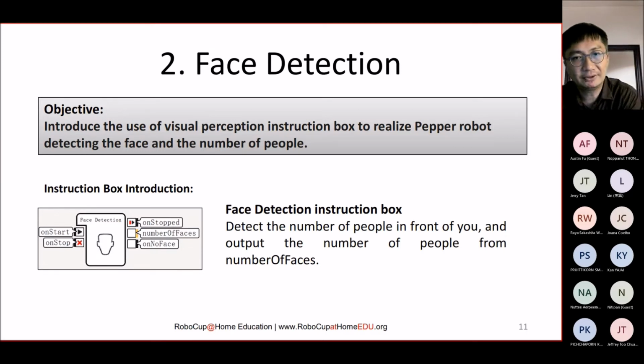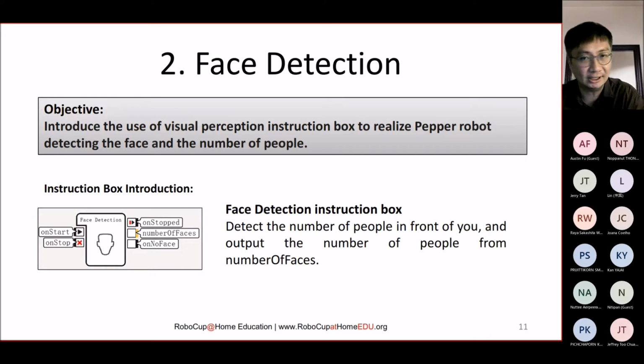But the other two outputs from the face detection are number of faces and on no faces. Because when we run this face detection, we have no idea whether someone is standing in front. So you want this to run continuously and detect faces, and when it detects some faces, then you do something. But for the time that nobody is standing in front of Pepper, what should the output be?